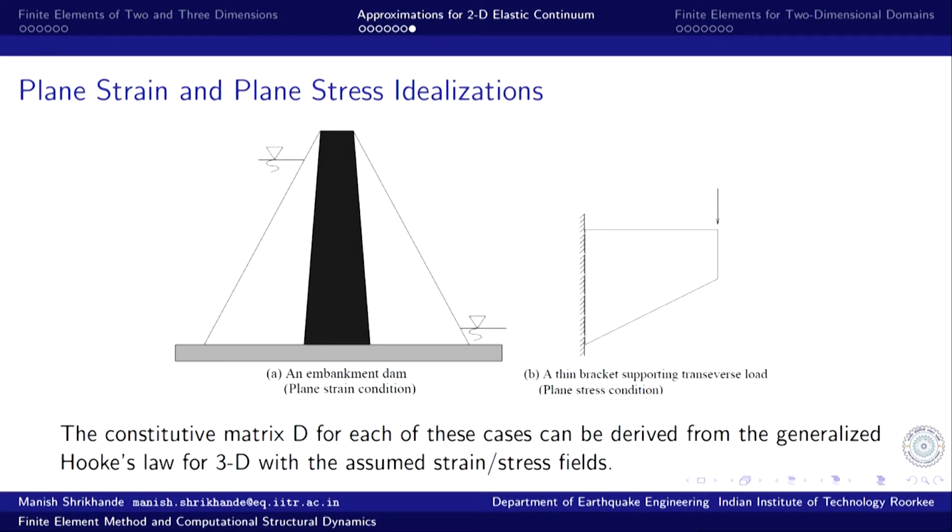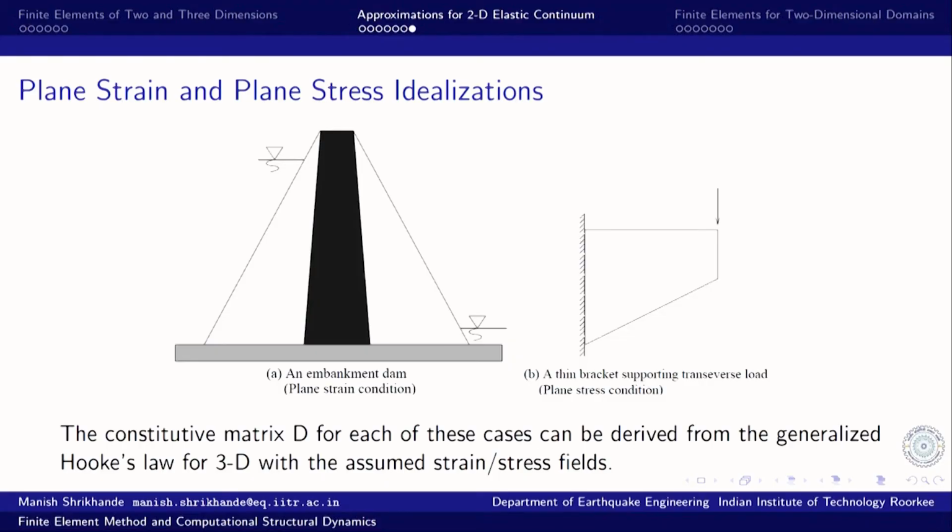The strain normal to this direction, epsilon zz, will be 0, and of course, the distortions in the yz and xz planes will also be negligible, and this becomes a very simple, very straightforward idealization for plane strain conditions, and the model can be analyzed.